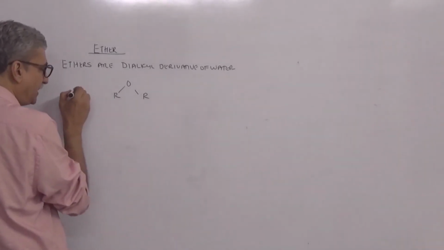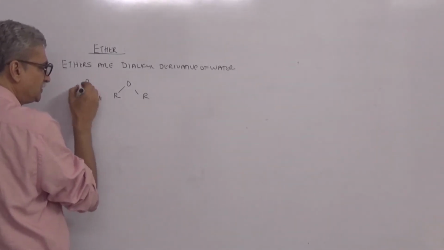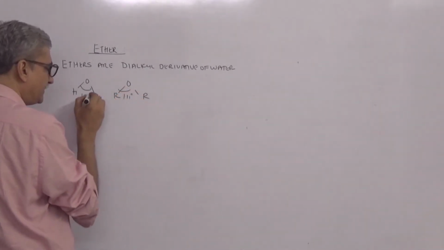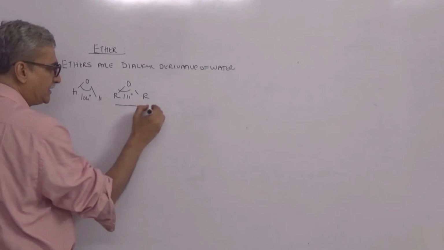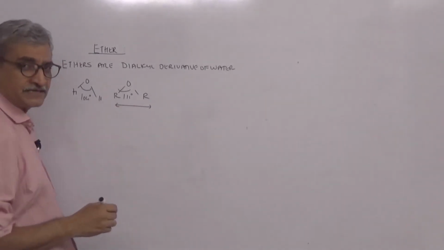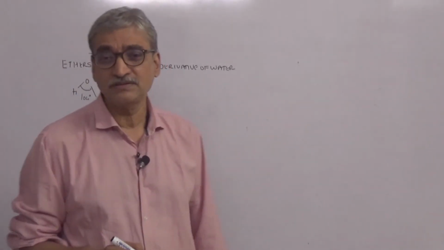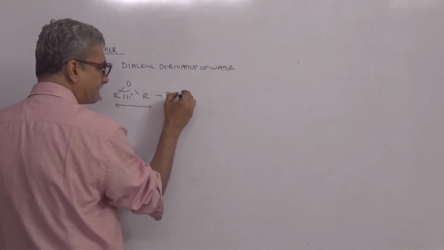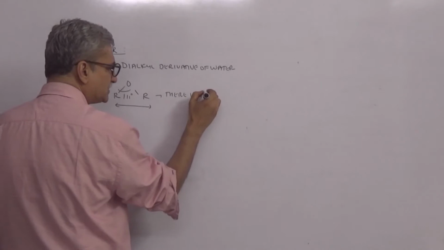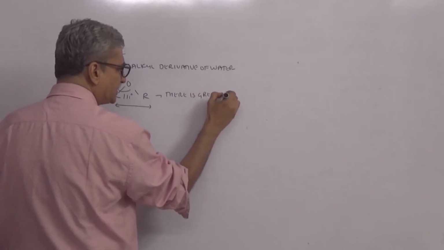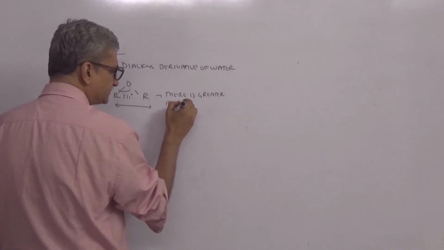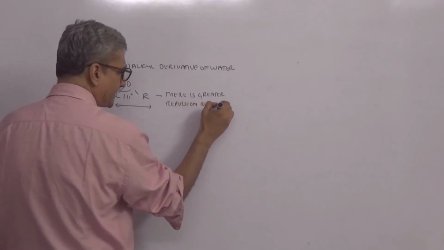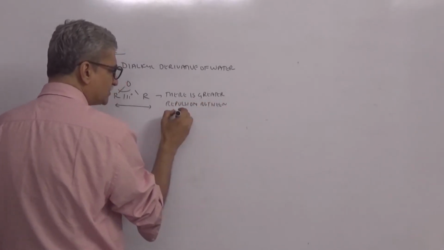See, water had an angle of 104. This will have an angle of 111. Now why is the angle increasing? That's an entrance exam question. Because there is greater repulsion between bonded electrons.